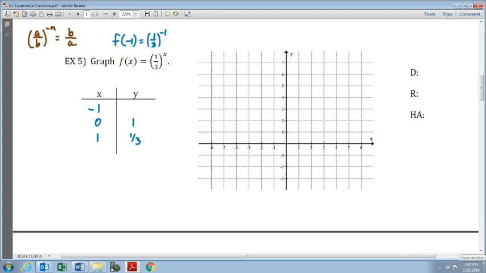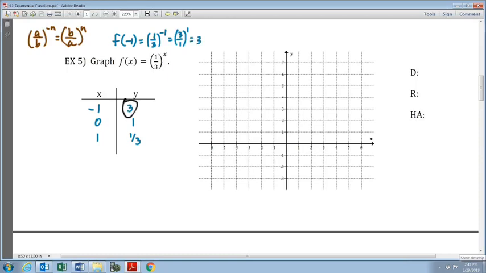If you have a fraction a over b to the negative n power, that's actually equal to b over a to the n power. So in this case, this is 3 over 1 to the 1st power, and so that's just going to be 3.